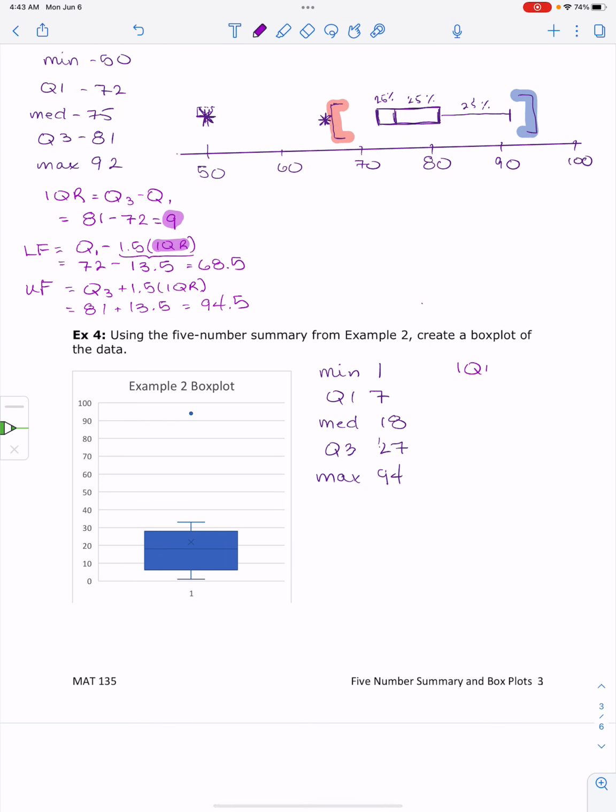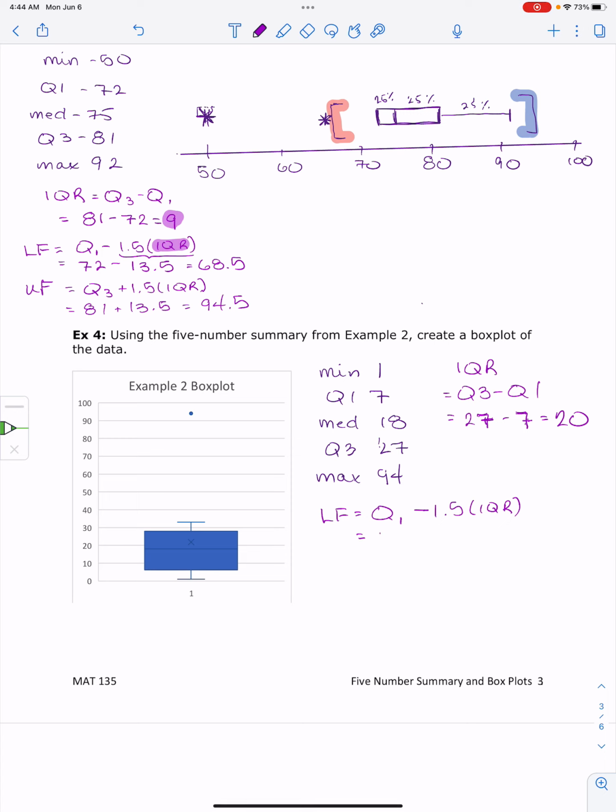My interquartile range, which is Q3 minus Q1, which is our 27 minus 7 here, means our middle 50% of the data is only 20 values apart. Okay. To find my lower fence, I'm going Q1 minus 1.5 times my interquartile range, and I have a little more room, so I'm going to write that out here.